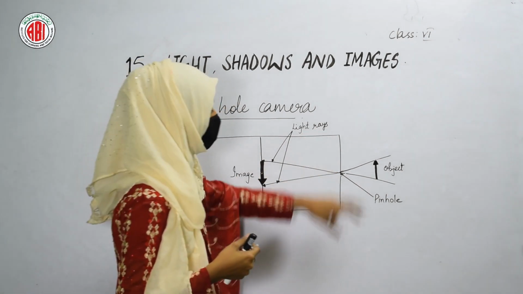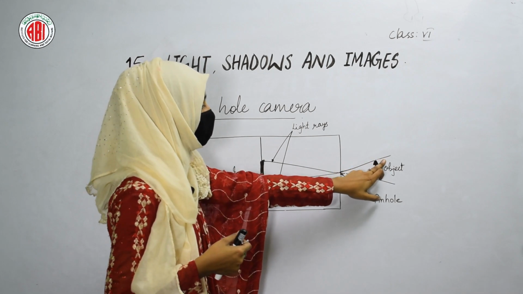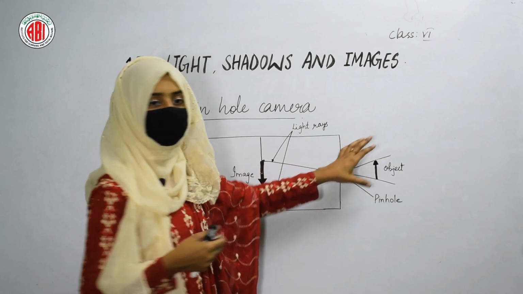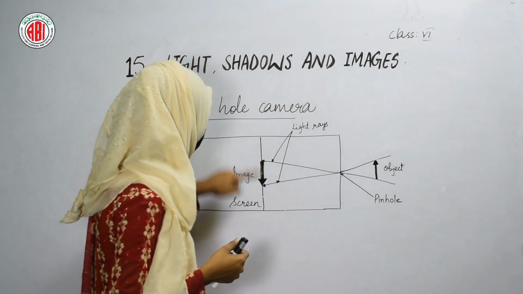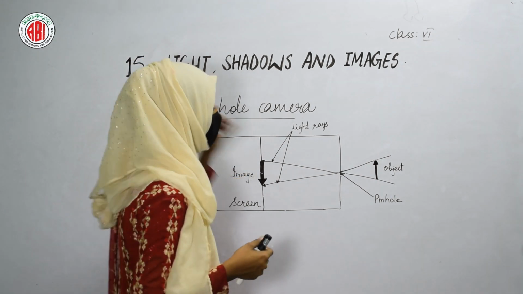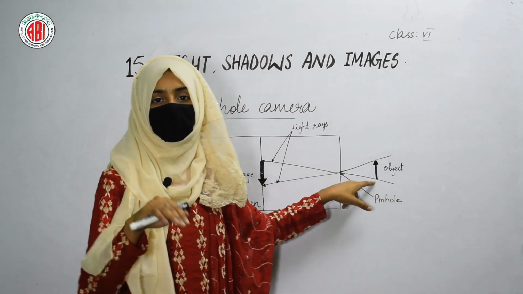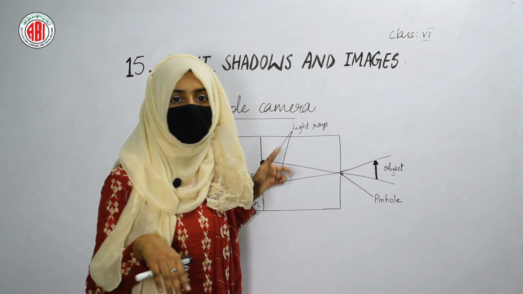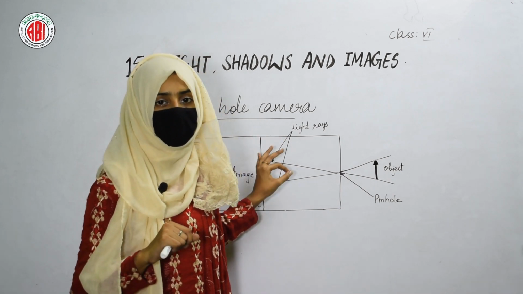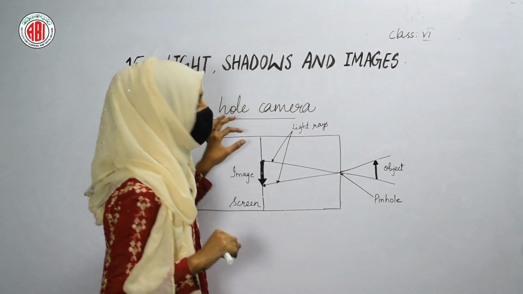When the light moves from the top position of the object, it will go straight and it will move towards the bottom portion of the screen. The light which falls on the bottom position of the object always moves in a straight path and it always moves towards the top part of the screen.